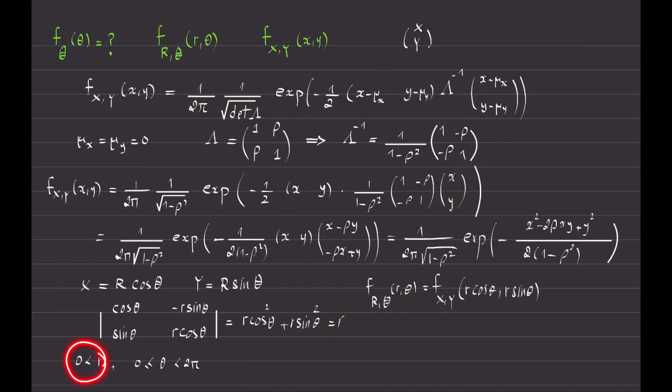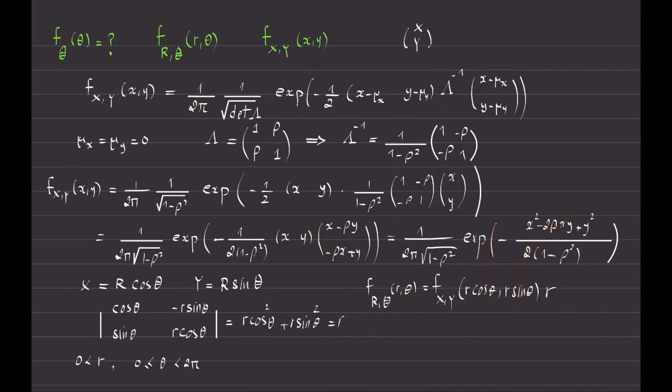But because r is positive in the polar form, I don't need the absolute value, I just write r. Now this is very simple, because I know the joint probability distribution for x and y. This is my formula, but instead of x I have this, and instead of y I have this. I take them and put them here.